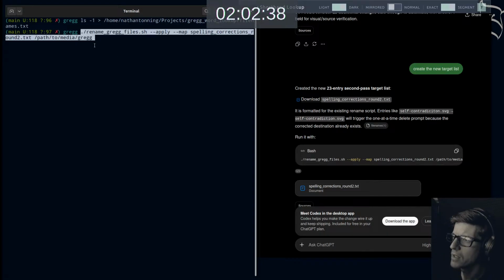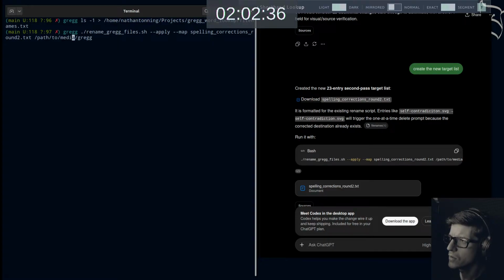So for that one, we can copy the first portion of the name, which is up here, Gregg word lookup, that much right there, copy. And we'll just paste it here in front of media to get the full name. Go.